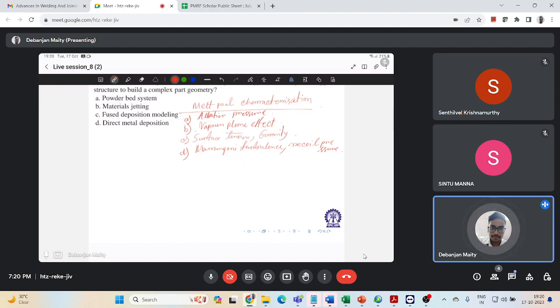Now there are two modes of melt pool formation during laser or electron beam additive manufacturing. I have already talked about these in welding courses. There are conduction mode and keyhole mode. These are two different modes, right? This is also similar in additive manufacturing.